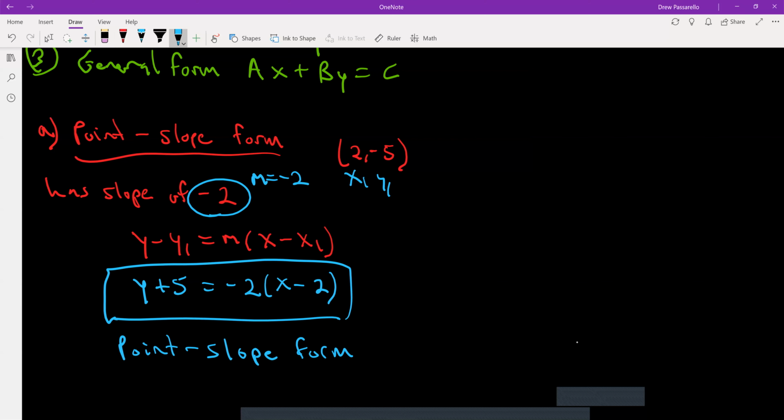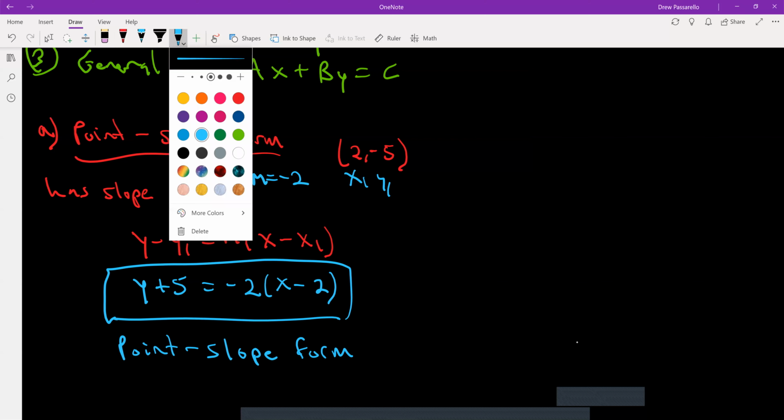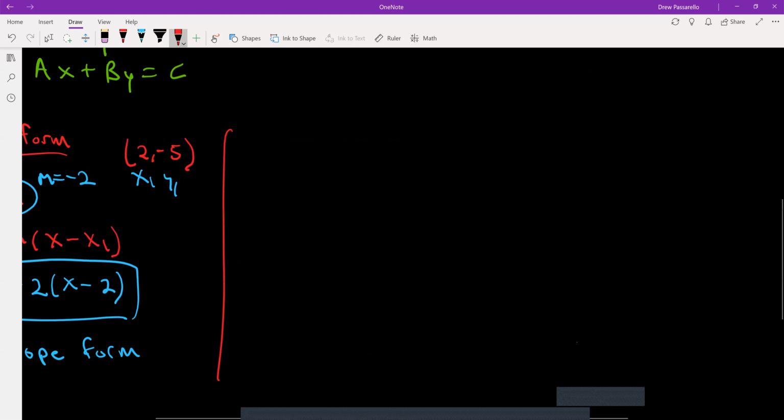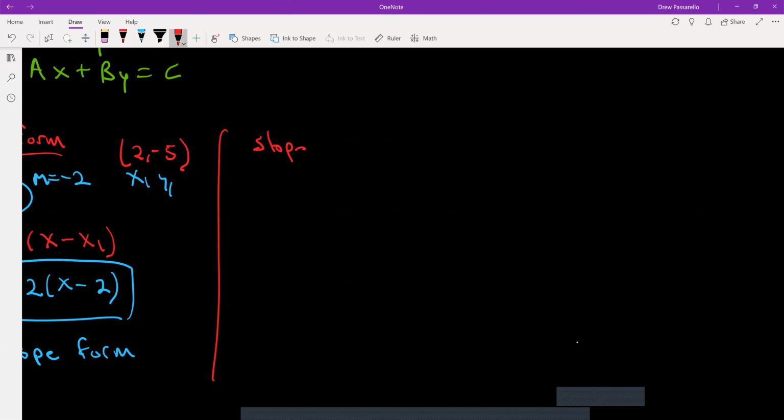Now, if you did slope intercept form, it's y equals mx plus b. Again, the point's (2, -5), and they tell us that the slope is -2.